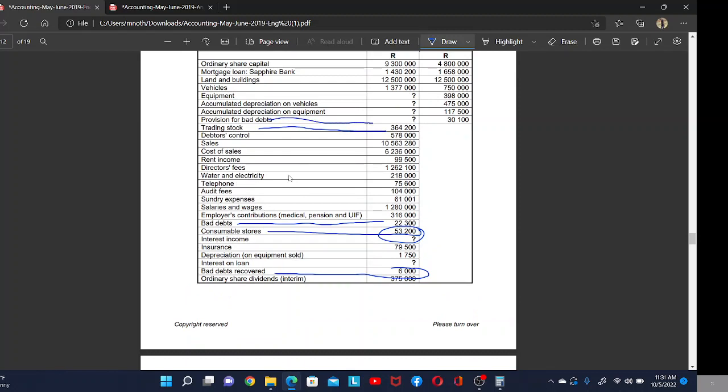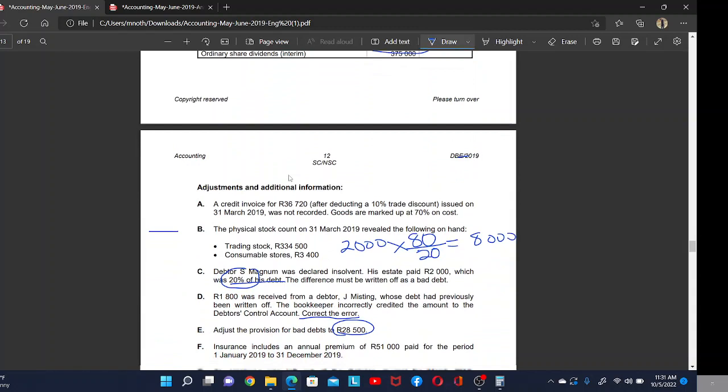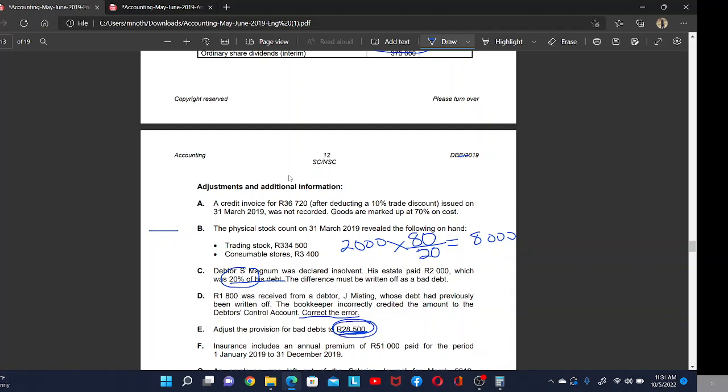So on 2018, the provision for bad debt was 80,100. Now the provision for bad debt is 28,500. This means that now we have provided less, which is the income.